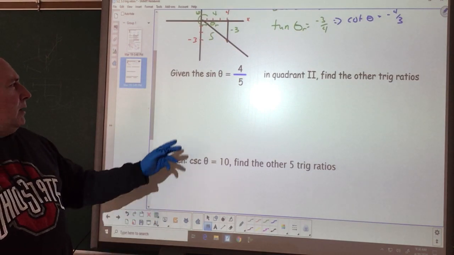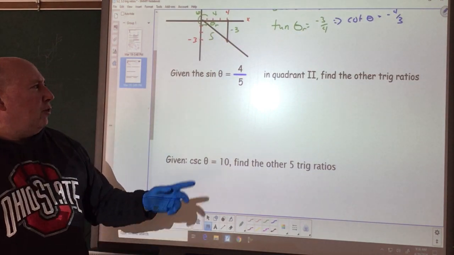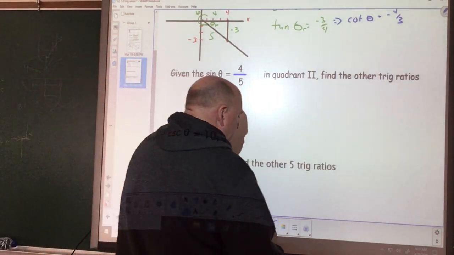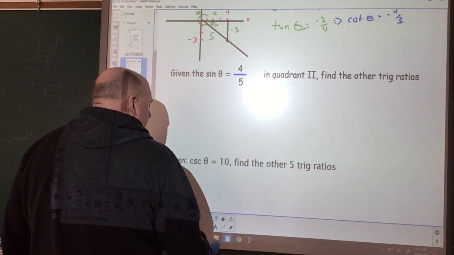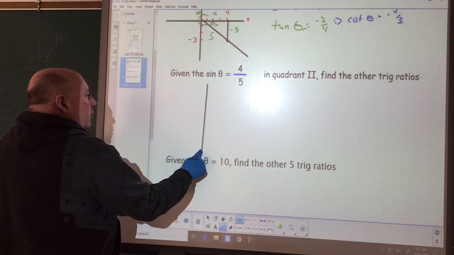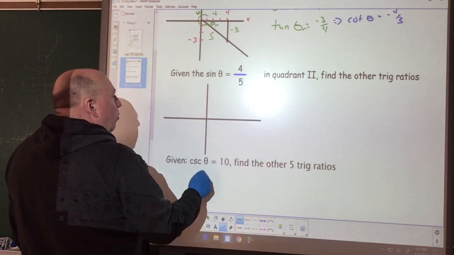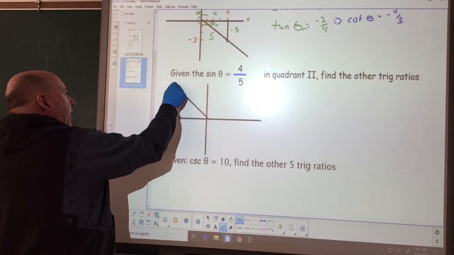Let's take a look at the next one. The sine of theta is equal to 4/5 in quadrant number 2. Find the other trig ratios. Once again, we're going to draw a picture. In quadrant number 2, here's my angle theta.